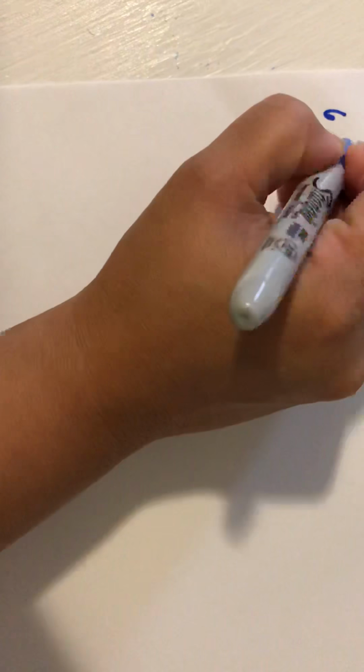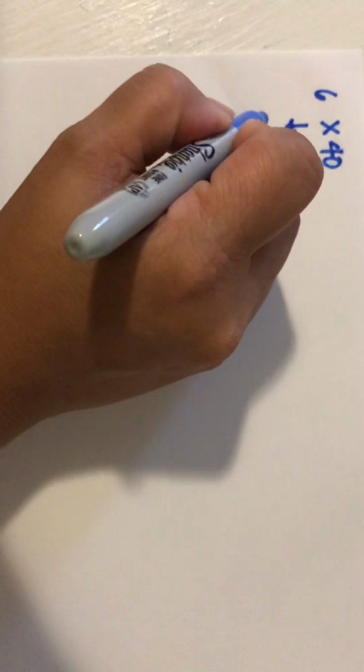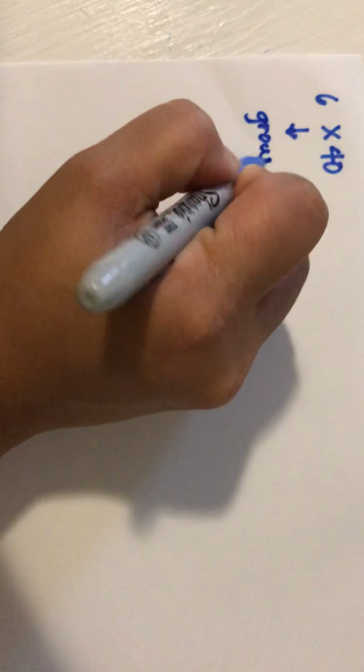Okay, now let's say for example, I have this one right here. Let's say 6 times 40. Okay, 6 times 40. Now that means that we want to count how many is 6 groups of 40.